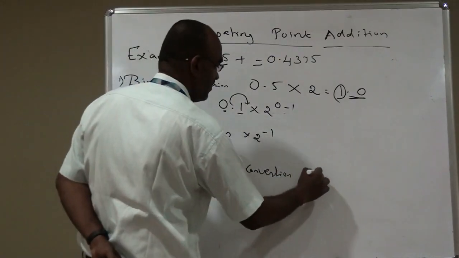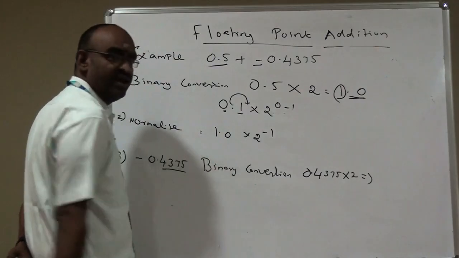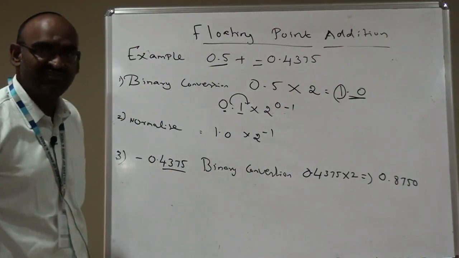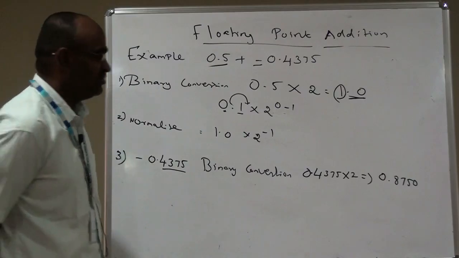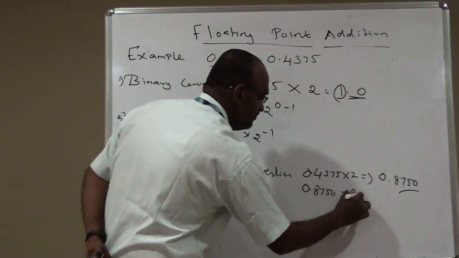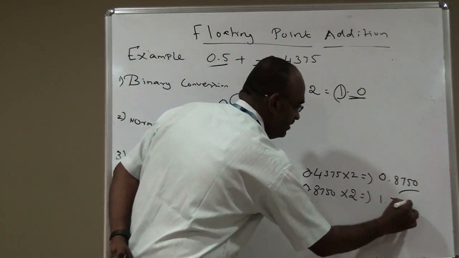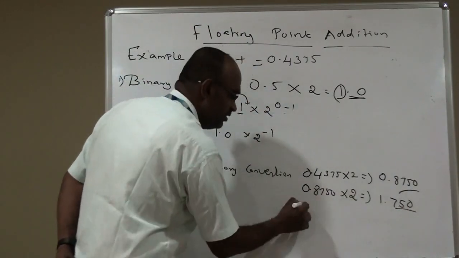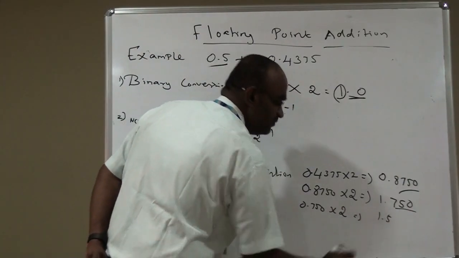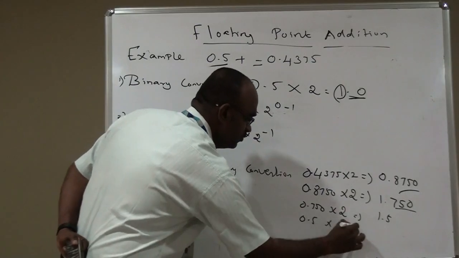So 0.4375 multiplied by 2 gives 0.8750. Now we take this fractional part, 0.8750, and multiply it with 2, and we get 1.750. Again we take the fractional part, 0.750, multiplied with 2, gives 1.5. Now we take 0.5, multiplied with 2, and we get 1.0.